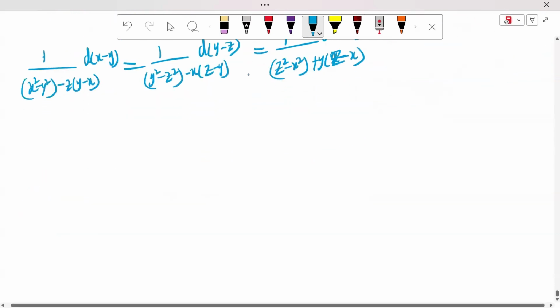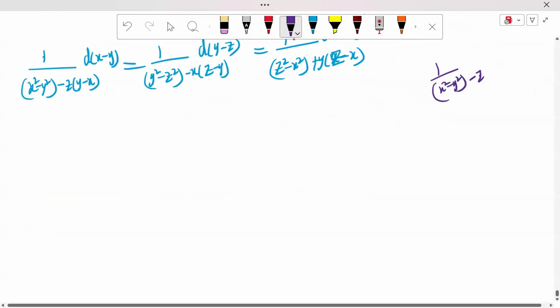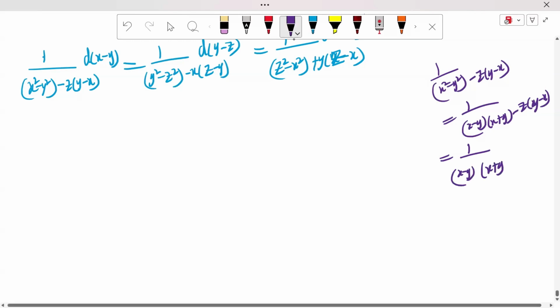We can utilize these fractions by observing the numerator and denominator. 1 upon x square minus y square, minus y into y minus z into y minus x, is 1 upon x minus y into x plus y minus z into y minus x. Here x minus y is the common factor, giving x minus y into x plus y plus z.